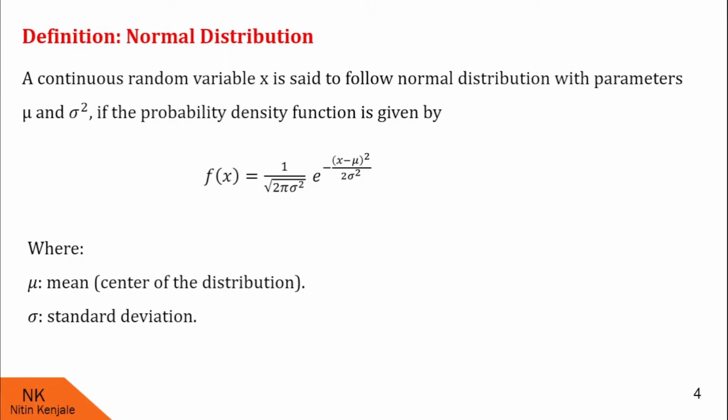If any random variable follows this distribution, that random variable is a random variate of normal distribution.